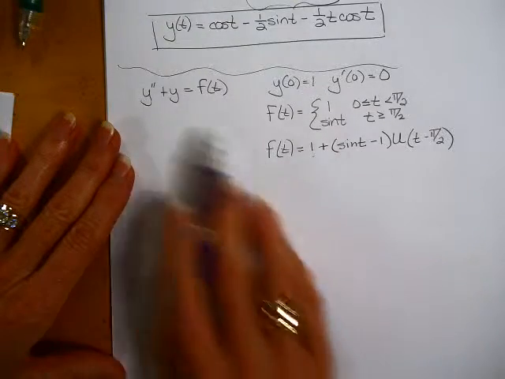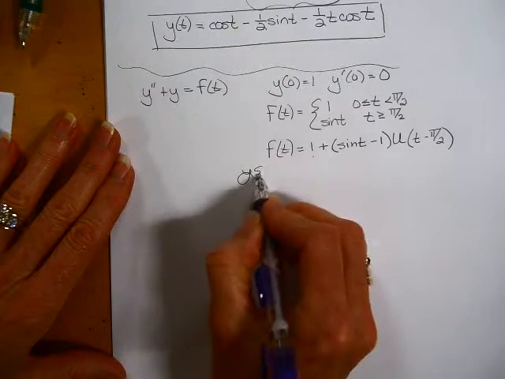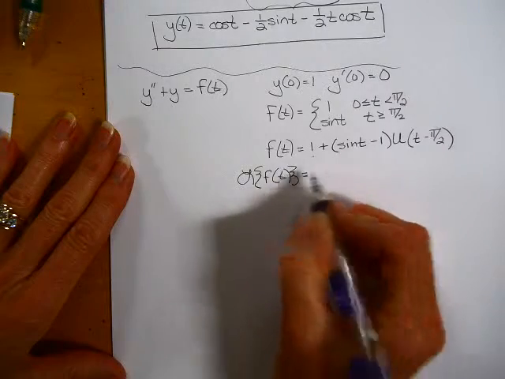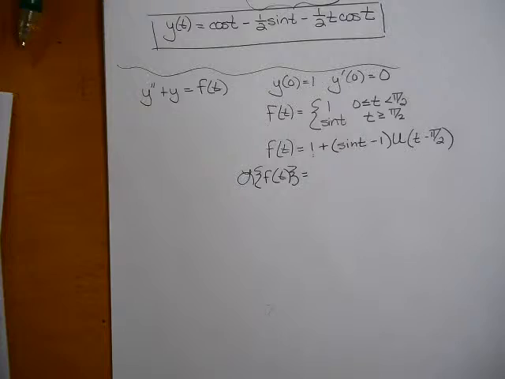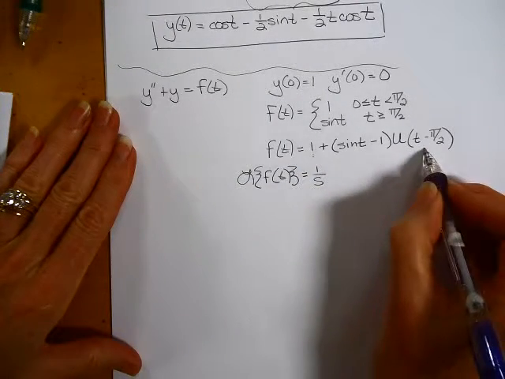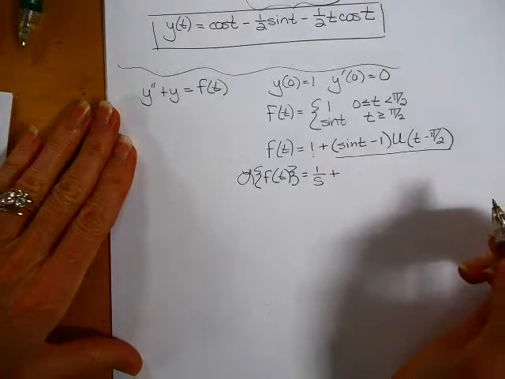All right, you're fixing to take the Laplace transform of both sides, so let's go ahead and take the Laplace transform of this f of t business. All right, Laplace transform of 1 is 1 over s. All of this involves the unit step function.